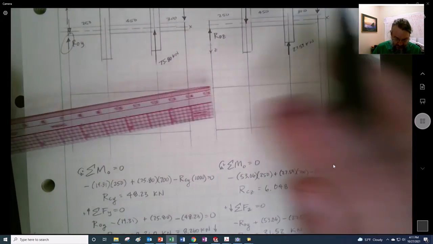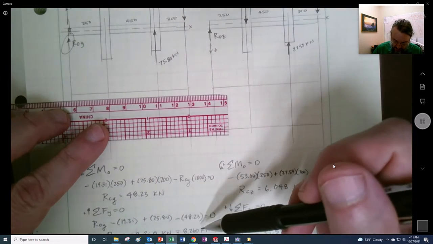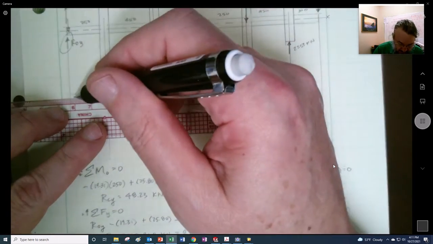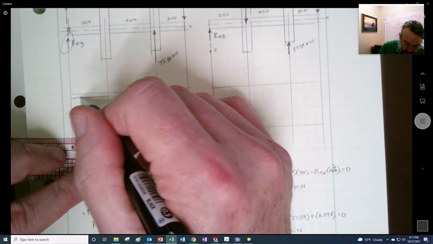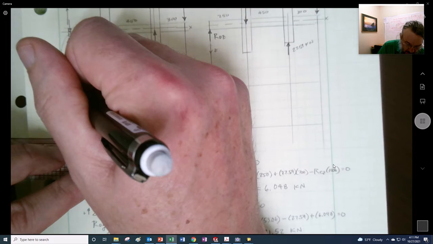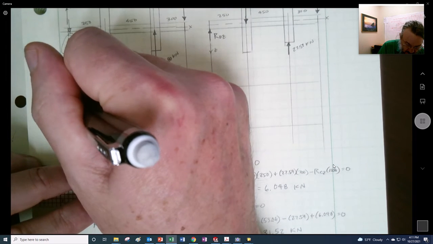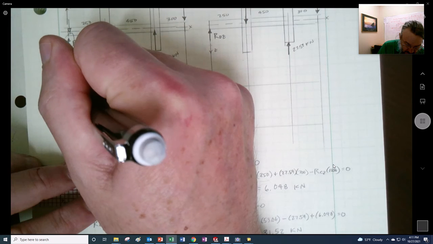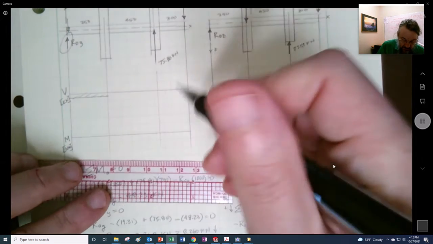Let's see here. Okay, so I need to do my shear moment diagram. So I had 8.26, and that's going to be pretty small, actually, I think. And let's label this V and M, and this is going to be in kilonewtons. Squeeze it in there. It's going to be Newton meters when I get down there.